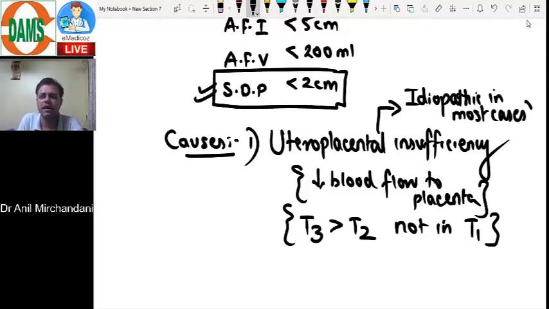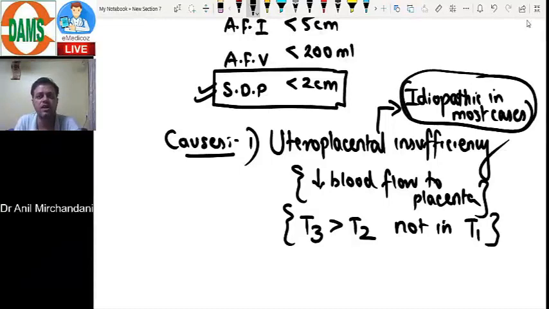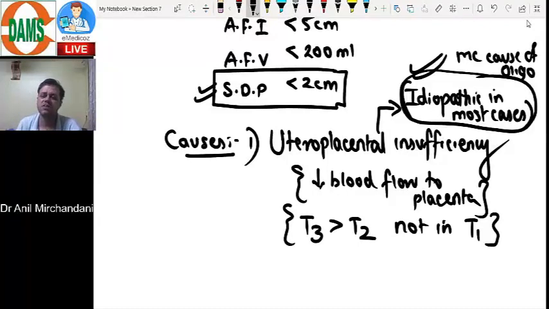So if you get a question on the most common cause of oligohydramnios, and uteroplacental insufficiency is not written over there, you pick up idiopathic. If uteroplacental insufficiency is written over there, you pick that. But if that is not given as an option, then idiopathic is the answer.